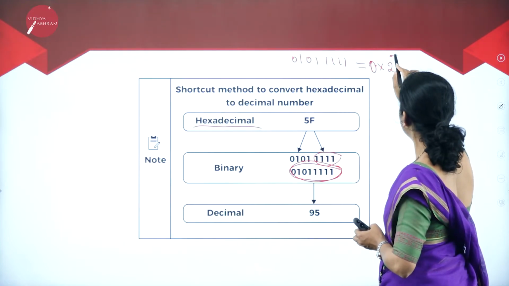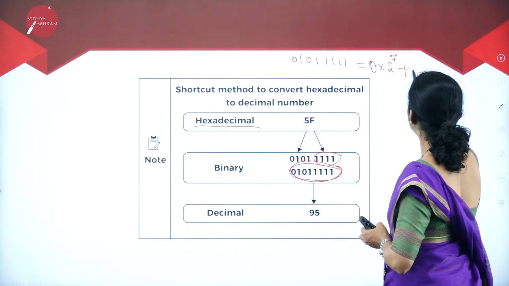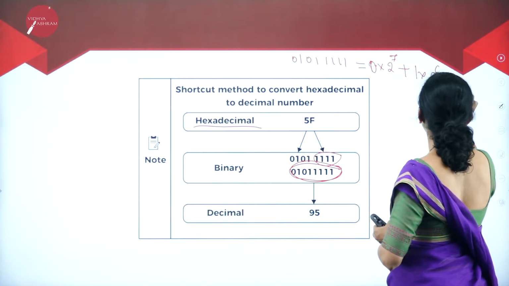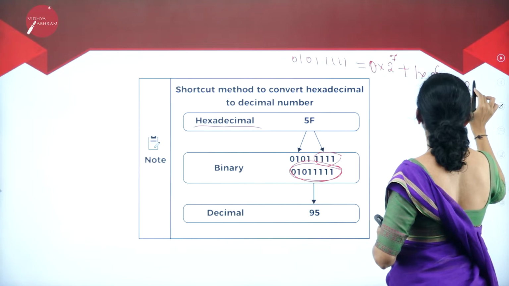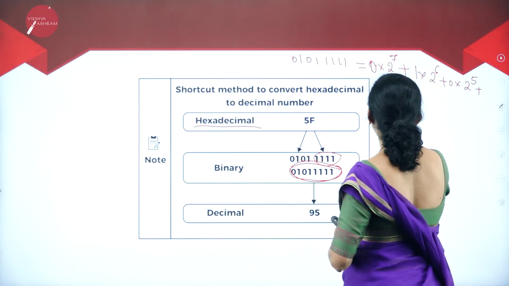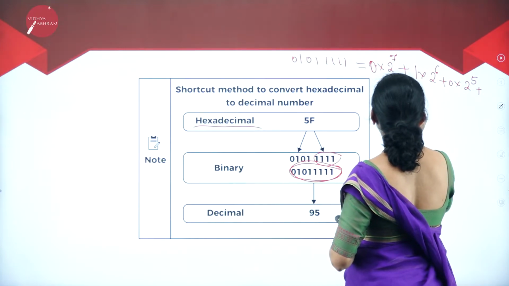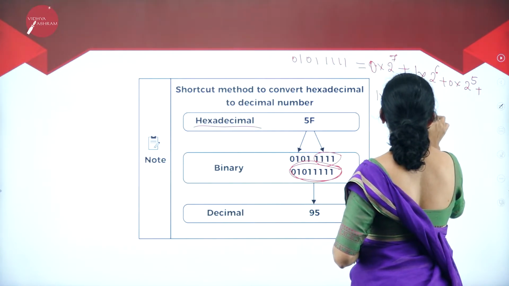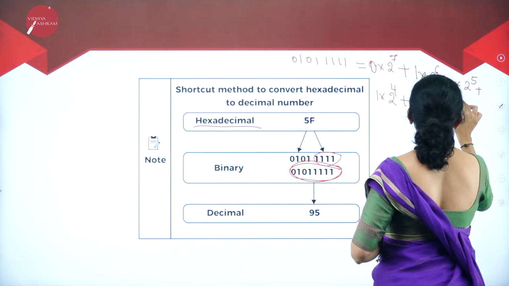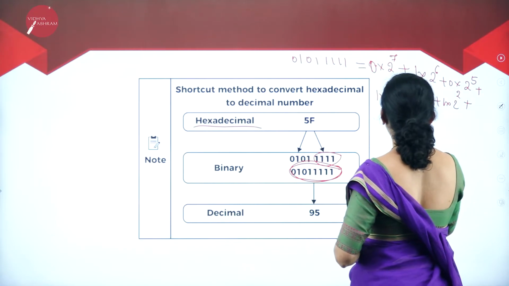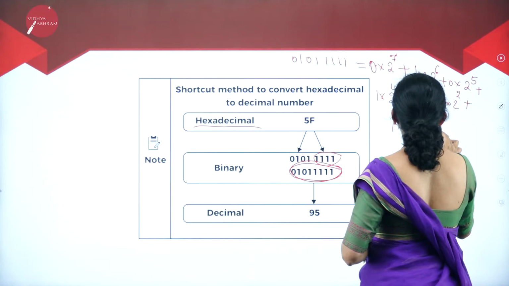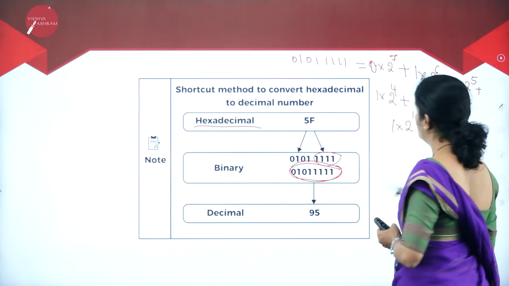So I'll write 0 into 2 to the power 7 plus 1 into 2 to the power 6 plus 0 into 2 to the power 5 plus 1 into 2 to the power 4 plus 1 into 2 to the power 3 plus 1 into 2 to the power 2 plus 1 into 2 to the power 1 plus 1 into 2 to the power 0.